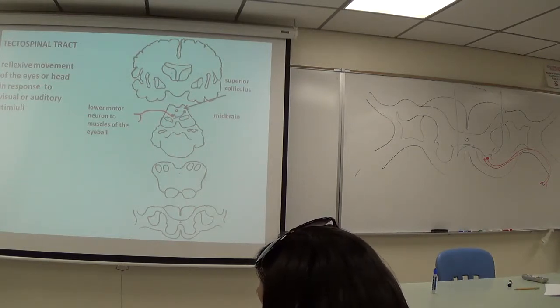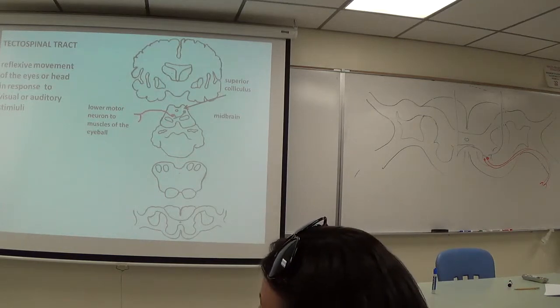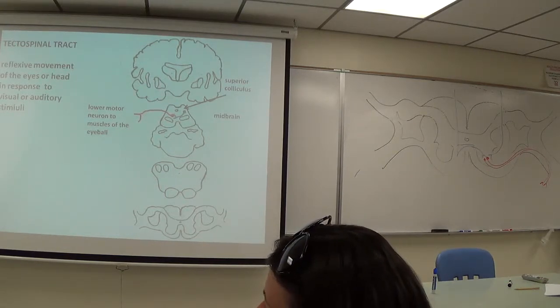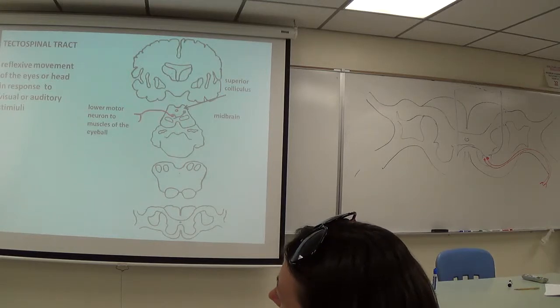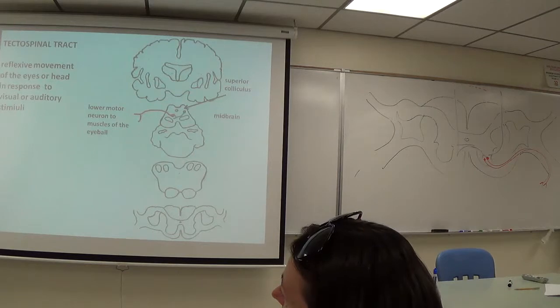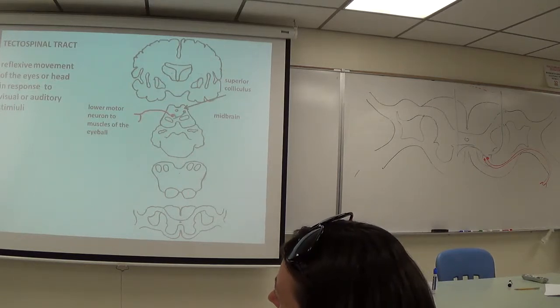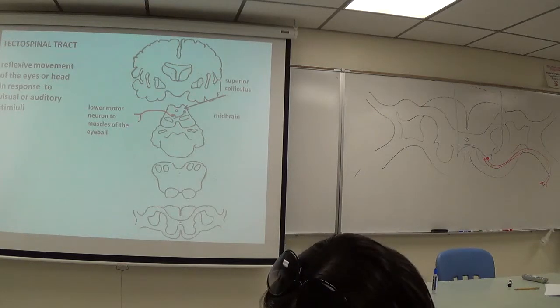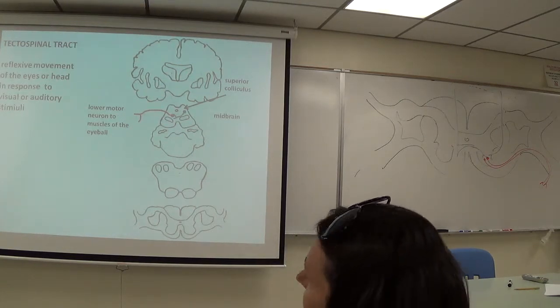Okay? What's the inferior colliculus respond to? Sound. So I don't move my eyeballs and respond to sound reflexively. I might, what's that sound? And I look to see. But reflexively, I move my head so that my ear is facing the source of the sound. That requires neck muscle movements.